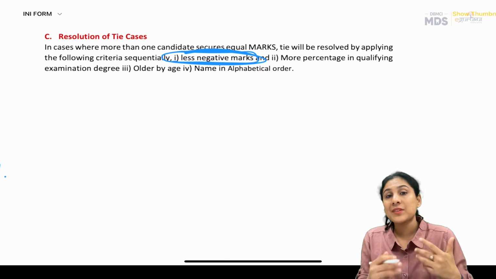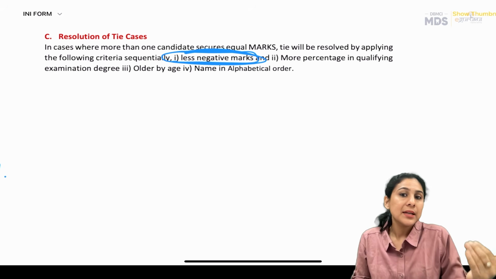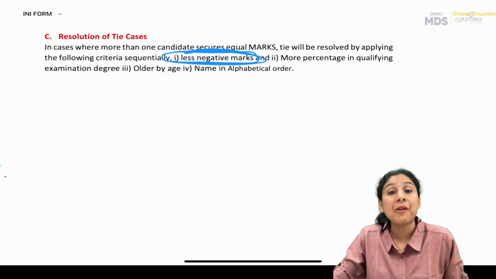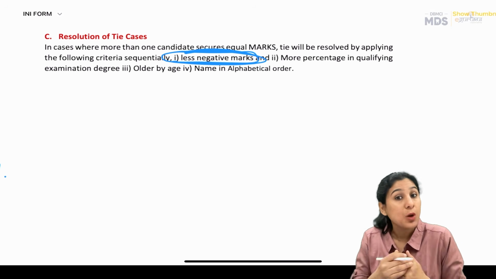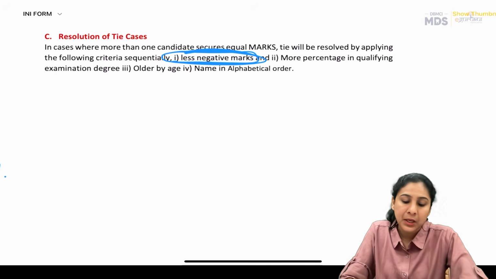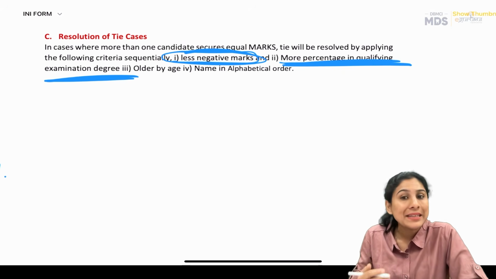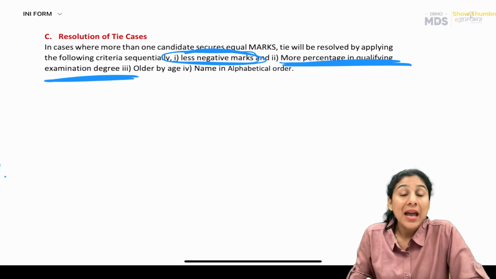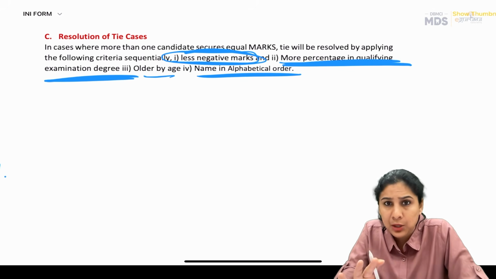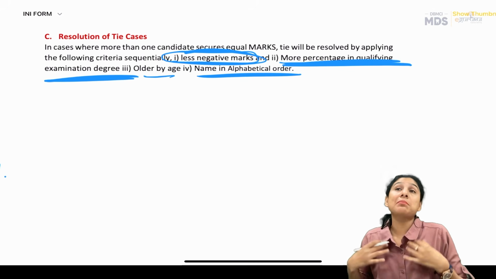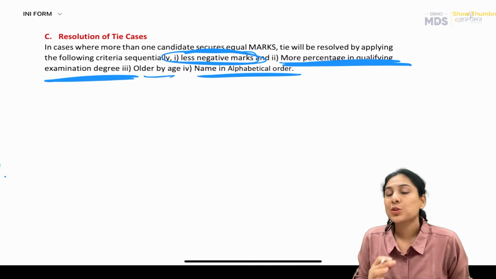If 2 people have the same score, then the one who has done less negative will get a better rank. If more than 2 people have the same score and the number of negatives is also equal, then the next criterion will be the percentage in the qualifying exam. That means your first to final BDS percentage. After that, the preference will be older by age and name in alphabetical order. Now, all those who are tense that my name starts with Z, don't worry.